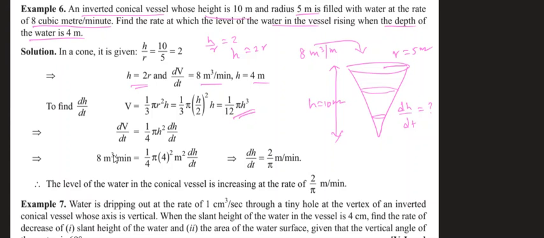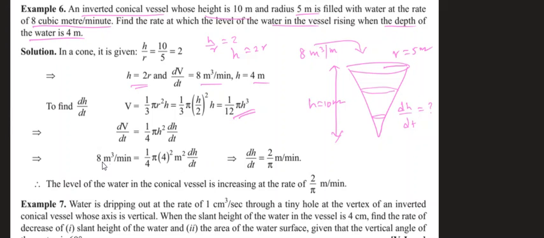So 8 cubic meters per minute is given here, and 1 by 4 pi into h, which is also 4 meters, you can substitute. Then dh by dt, listen to me, dh by dt is what is asked here. So find out the dh by dt. Now forget about all these units, you can strike out these units, it will be confusing.